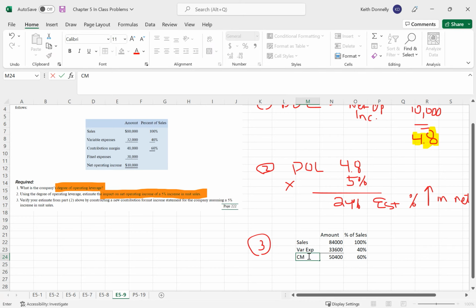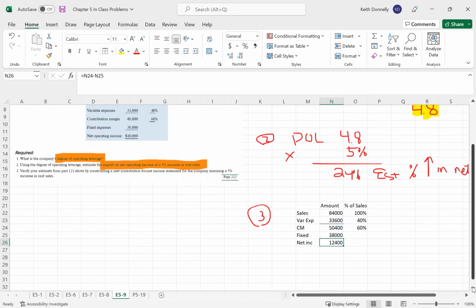And then our contribution margin. Our fixed expenses are fixed, so they're always going to remain the same, 38,000. In this way, our net operating income is going to be 12,400.